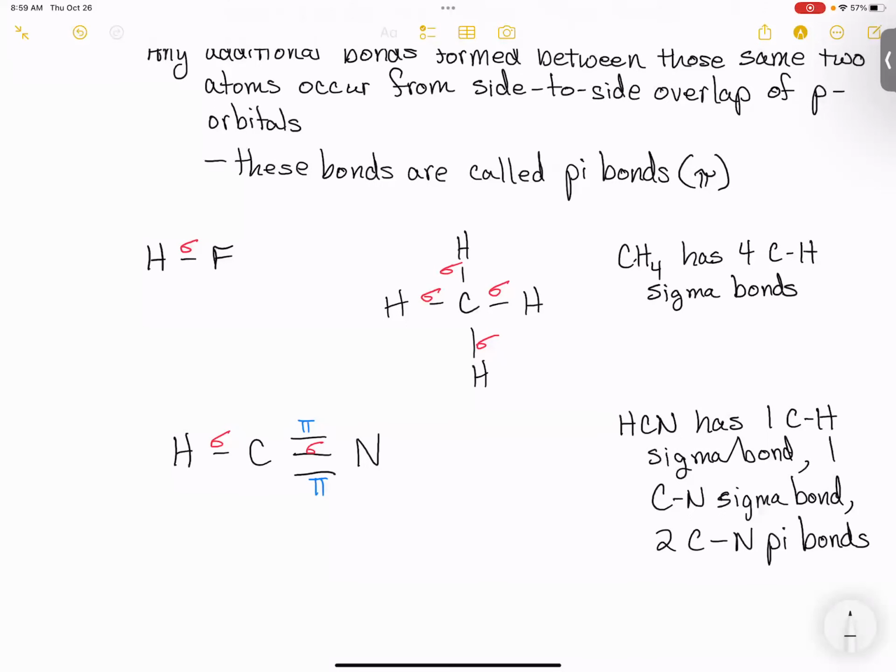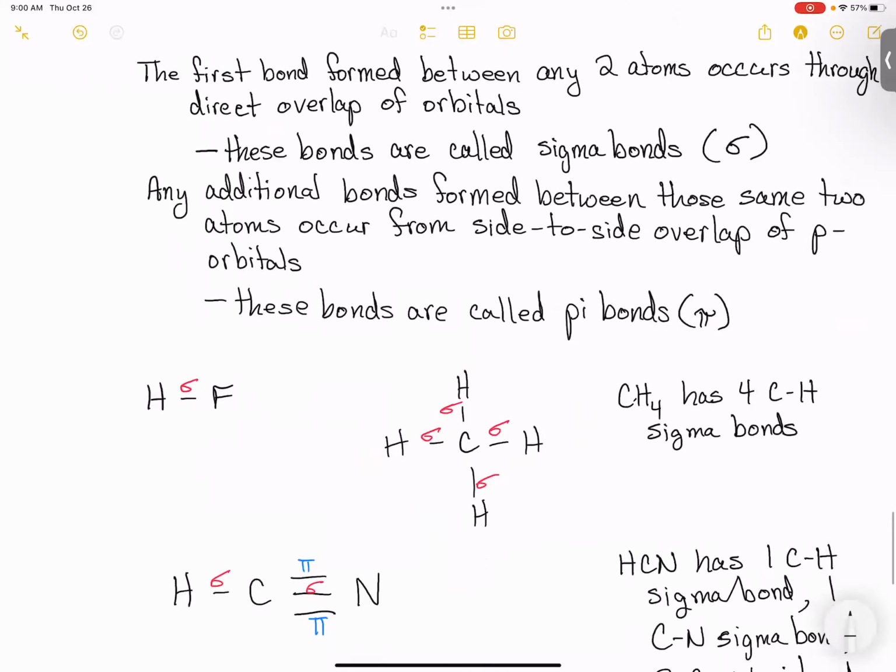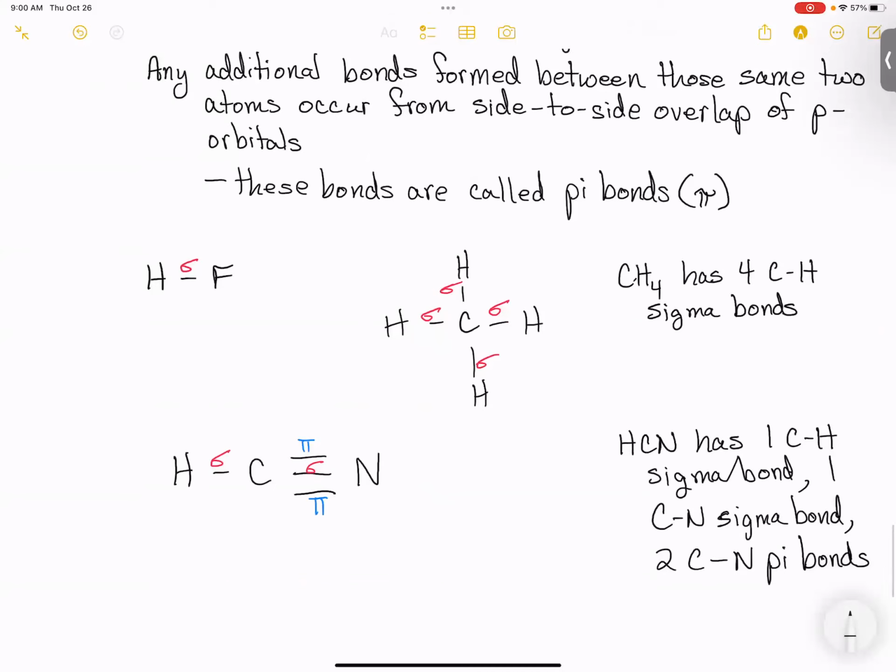Again, later today, I'm planning to show some videos. And the videos do a much better job of illustrating what a sigma bond and a pi bond look like than what I can draw. So we will come back to this point today during the lab timeframe.